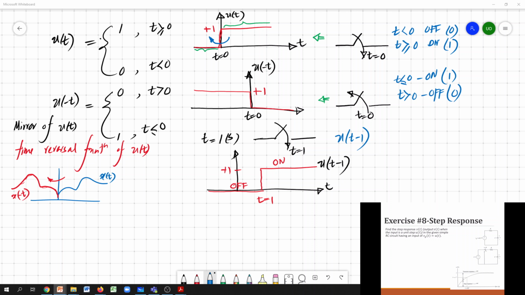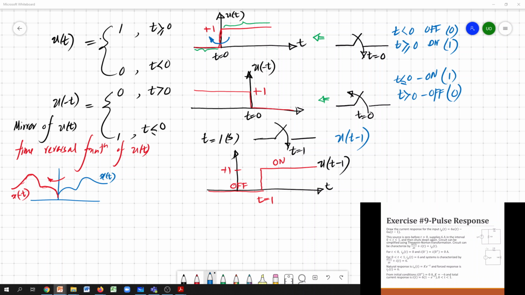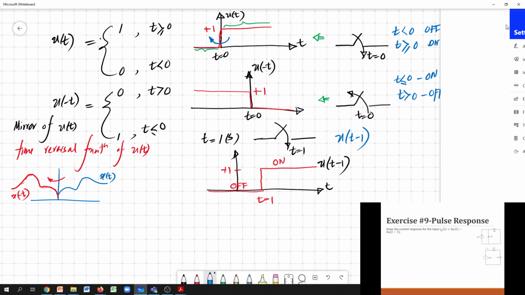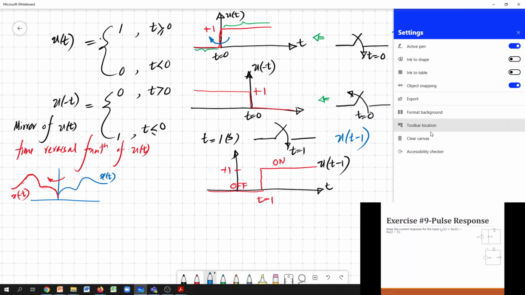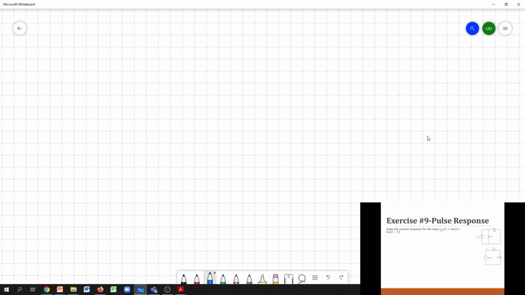Okay, so I'll take one example. I'm referring to exercise 9 in the slide set.